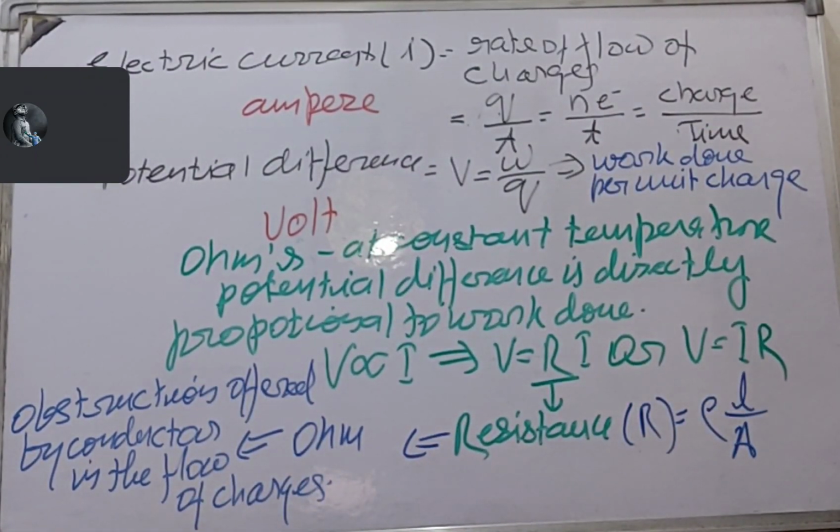This is what we have about V equals IR, right? So further, should I rub this?